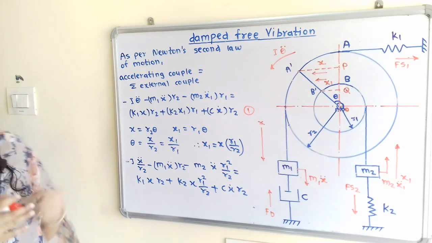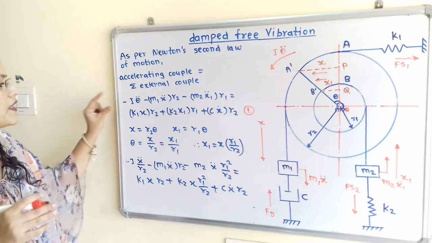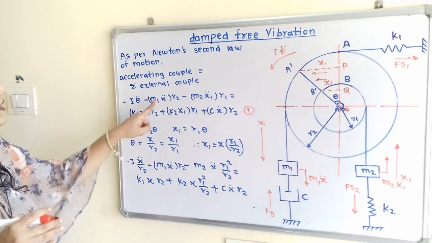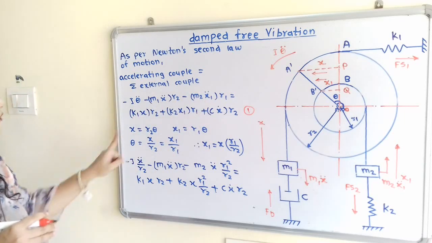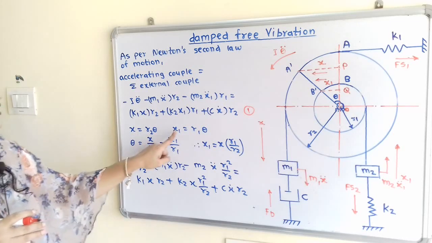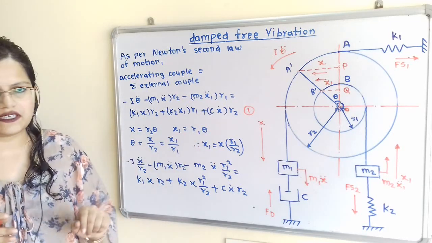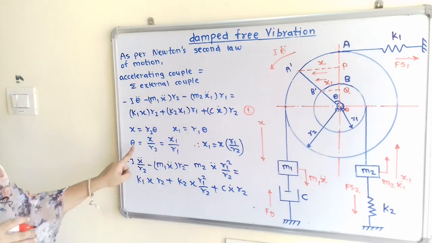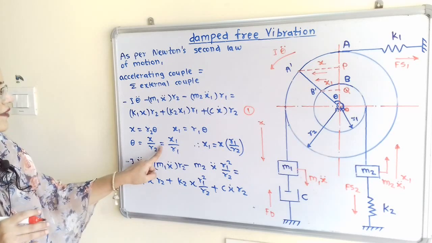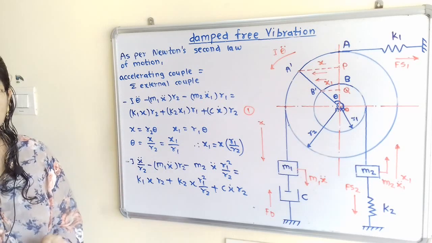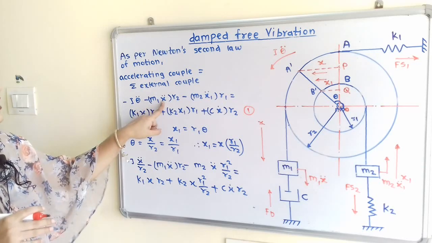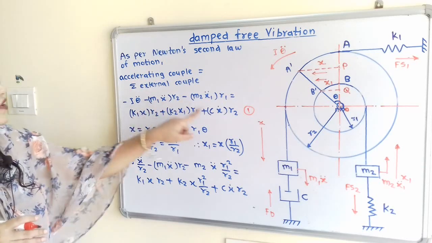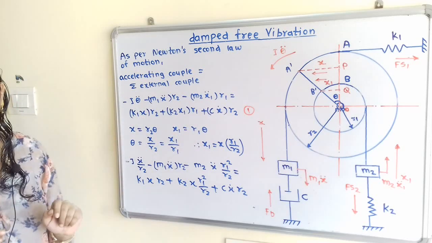Now we have to simplify this equation. We have the relation between x, x1 and theta. We know x is equal to r2 theta and x1 is equal to r1 theta. So theta is equal to x by r2, which is equal to x1 by r1. Now, to find the differential equation we require x double dot, x dot and x.